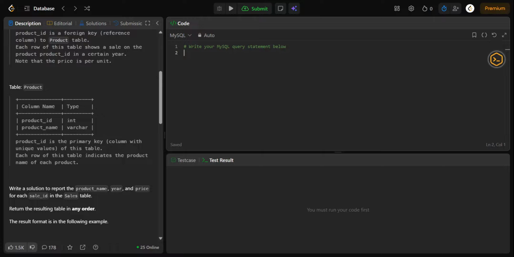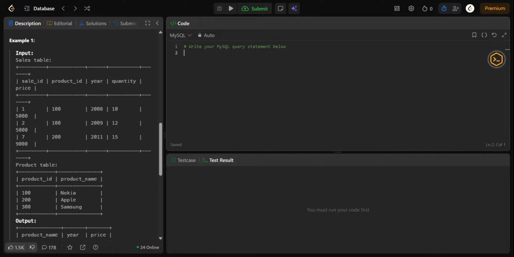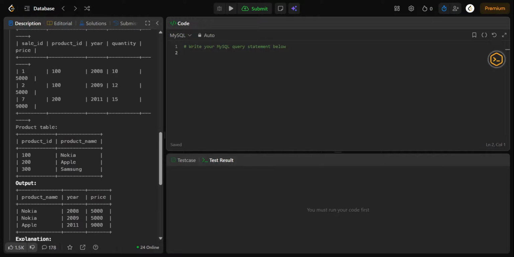The task is simple: for every sale, return the product name, year, and price. As you can see in the example, we will return these from the two tables. This means we need data from both tables.